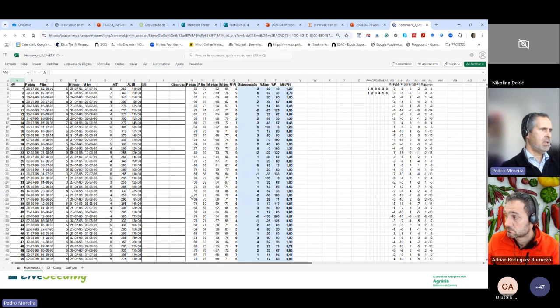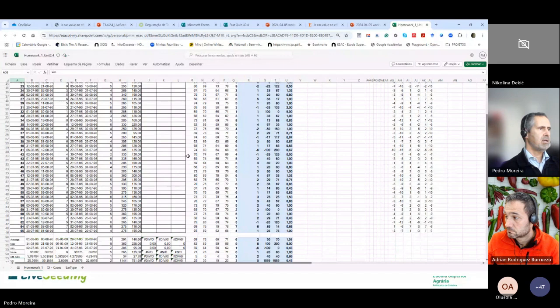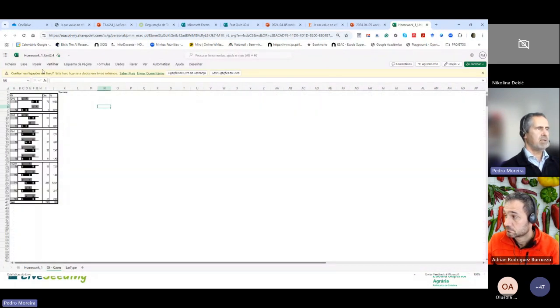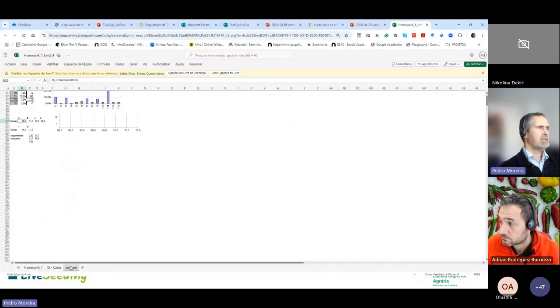Okay, this was the case of the overlapping index, and you can see here the cases that you have and the ear type.